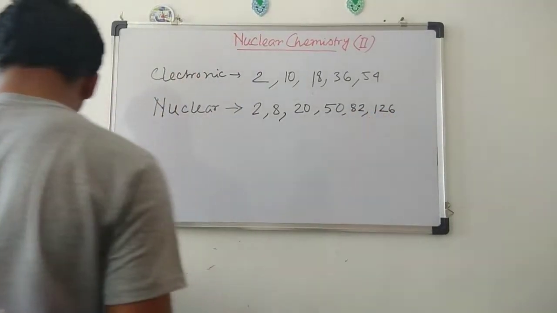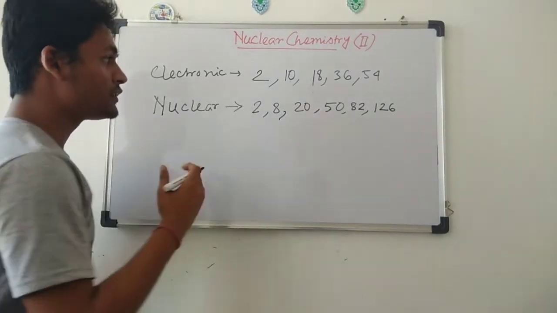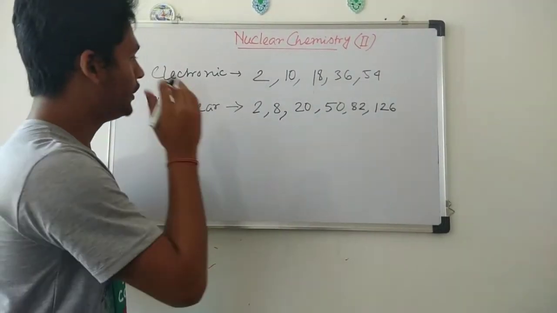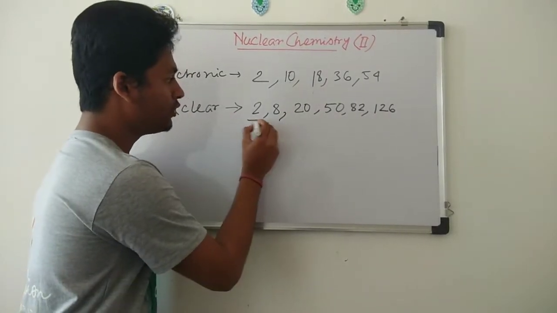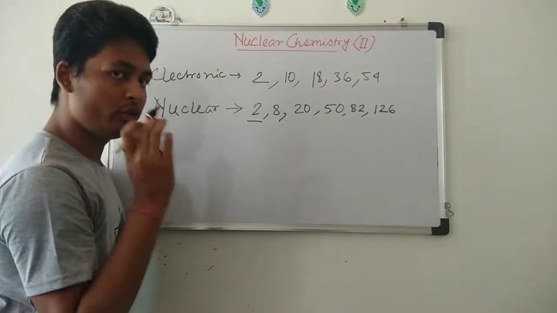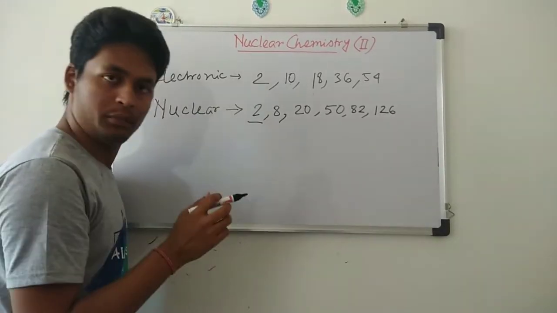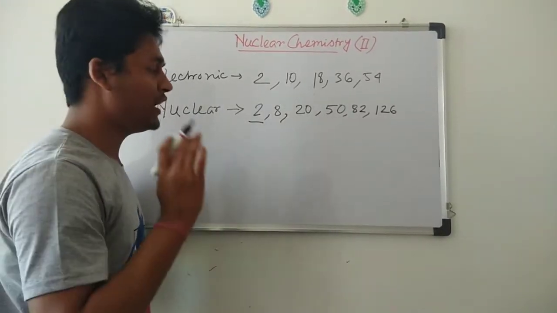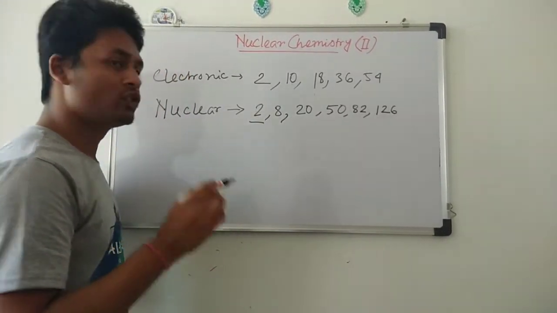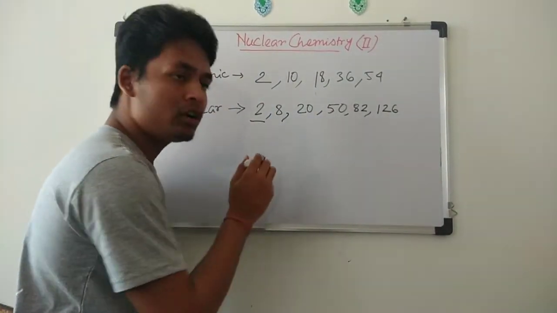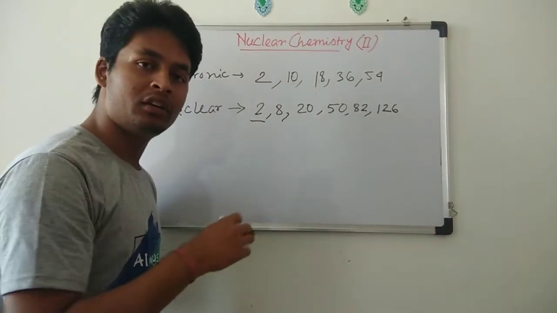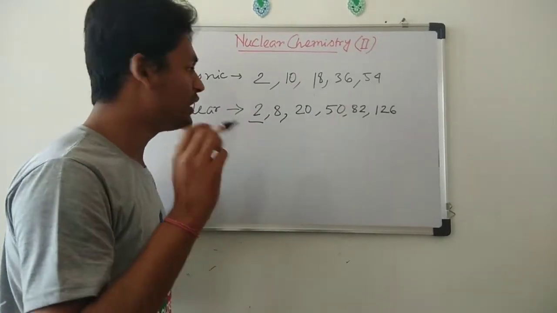Now the thing is, if your nuclide has a proton number that is a magic number or a neutron number that is a magic number, that time those nuclides will be exceptionally stable.